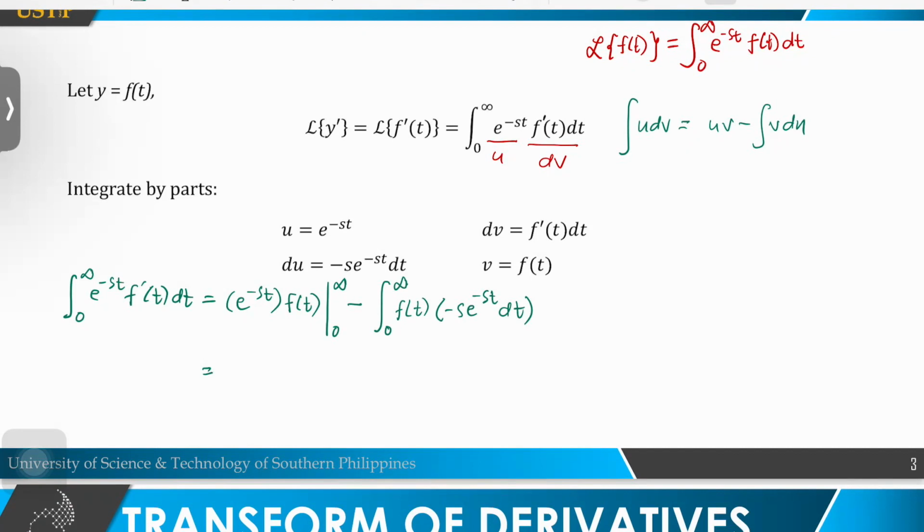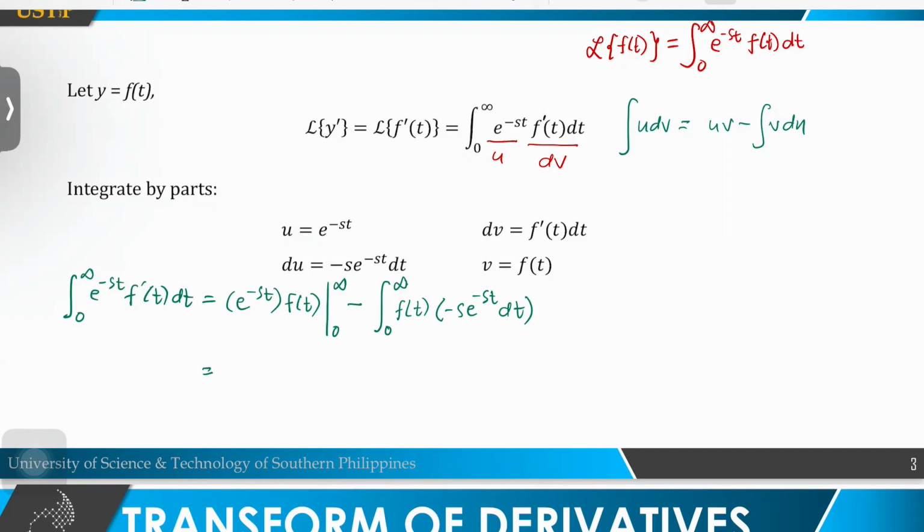We evaluate the first term from 0 to infinity. Remember, the variable that we are substituting is t, not s, because we are evaluating in terms of dt. So s should be treated as a constant.